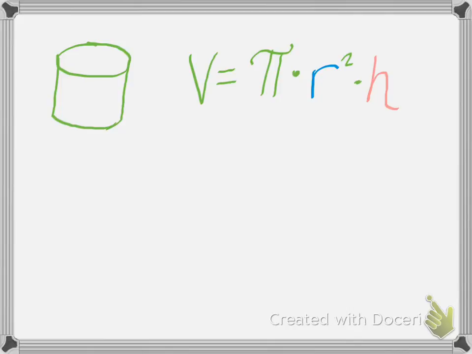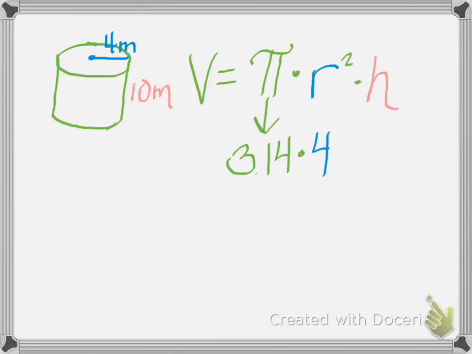Now in this example, our radius is 4 meters and our height is 10 meters. So let's go ahead and substitute in and think about what we substitute in for pi. So we always use 3.14 for pi. Again, we said that our radius is 4 and our height is 10 meters.